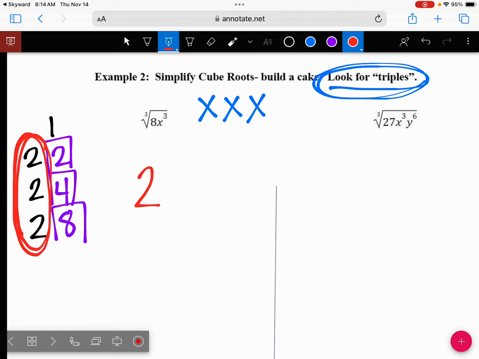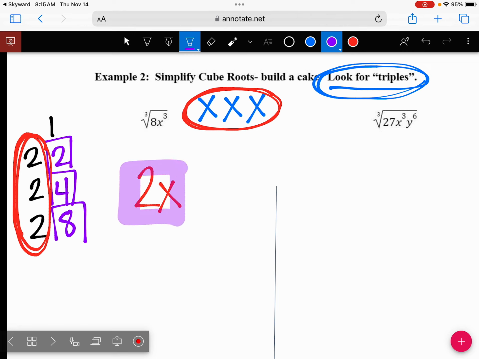So I have 2. And then with my x's, I have one group of 3. So I have x. So that would be your final answer. Final answer would be 2x. Everybody had 2 partners, so nobody was left in the house.